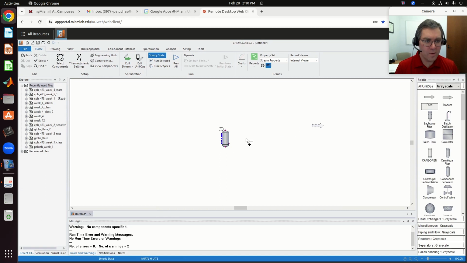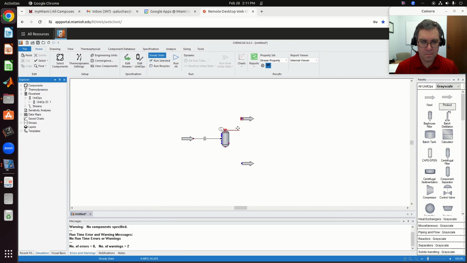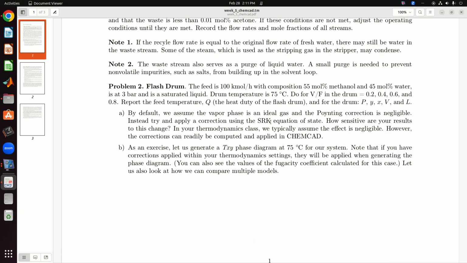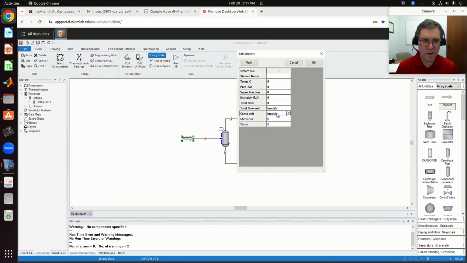For this problem though, I'm going to have a single feed. The feed can go to any one of these blue input nodes. I'm going to have 2 product streams, so I'm going to drag those 2 in. And in terms of my input stream, I believe it was 55% methanol and 45% water.